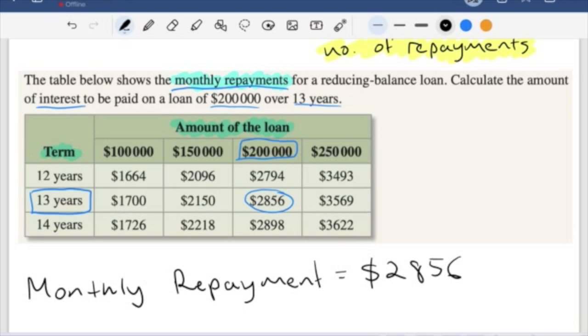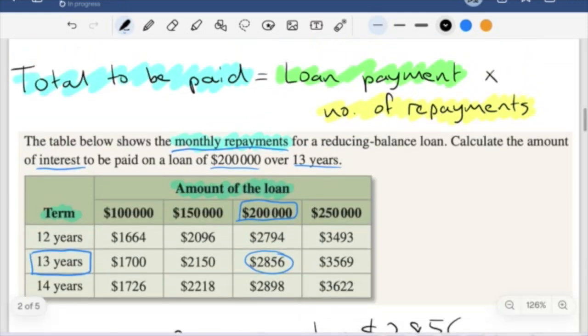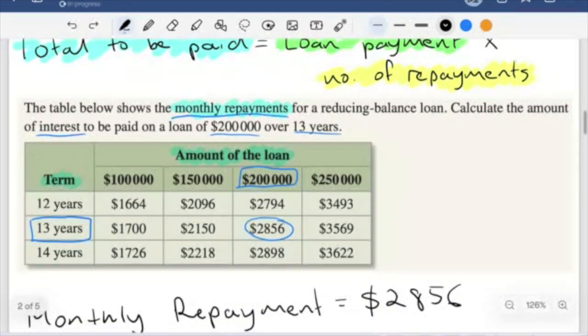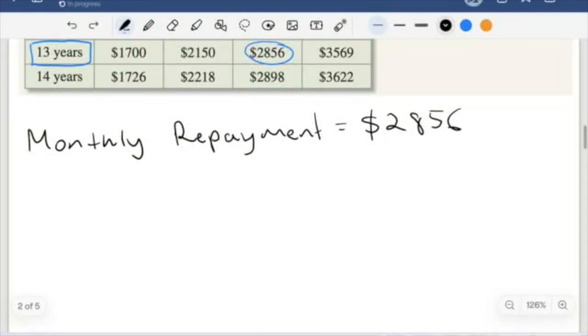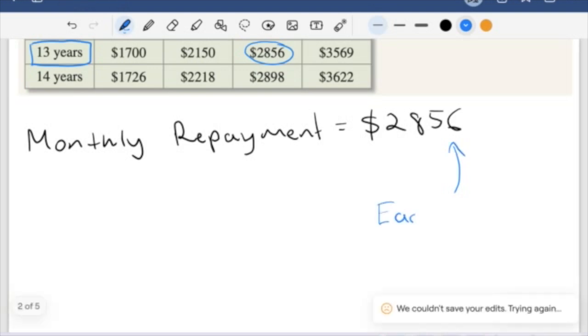Now we want to find the interest, but before we can even get to that, we need to find the total amount that's got to get paid. So we have $2,856 every month. I'm actually even going to write this down here. This amount is getting paid each month for 13 years.